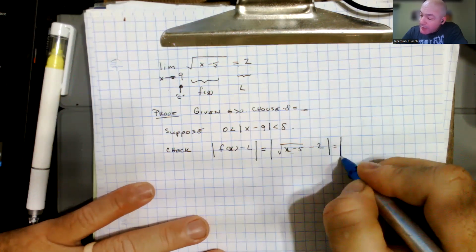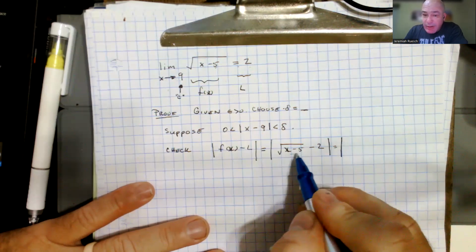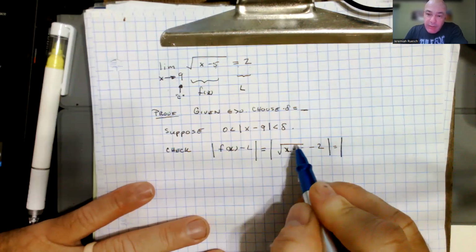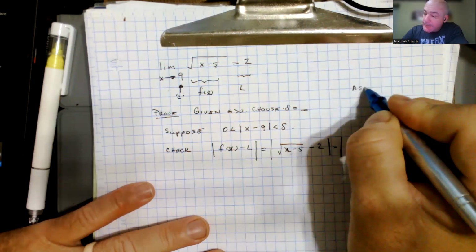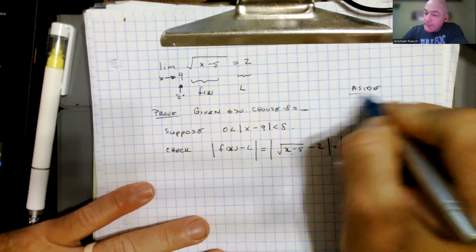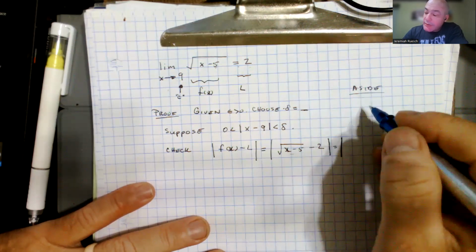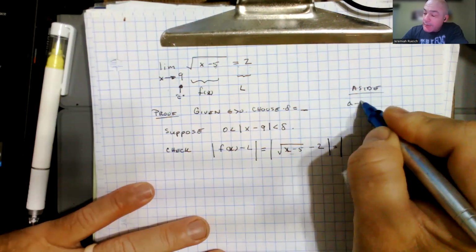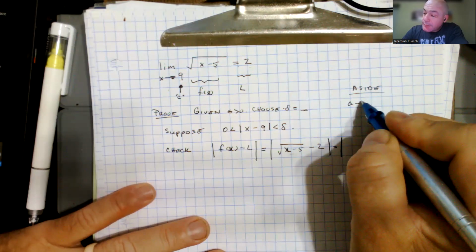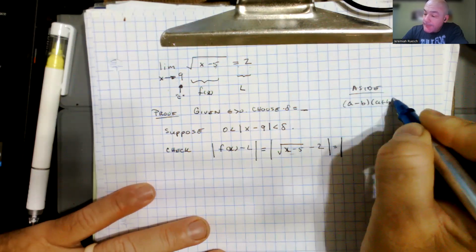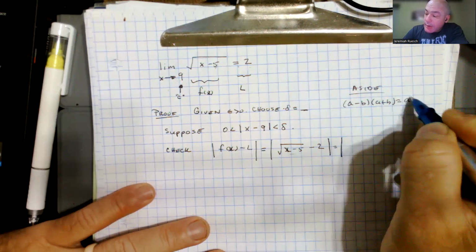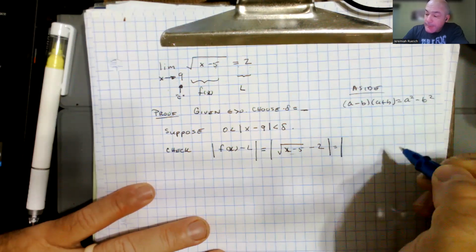So an unmotivated trick is to multiply by the conjugate of this value, which is really just a little aside for the motivation of the trick. We know that a minus b times a plus b is equal to a squared minus b squared.